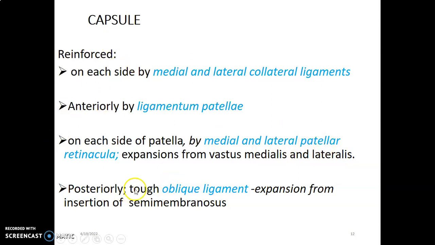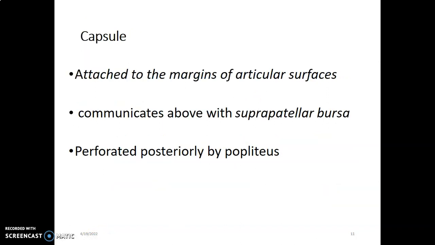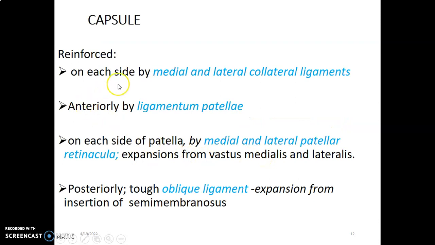Posteriorly, the capsule of the knee is reinforced by the oblique ligament, and this is an expansion from the insertion of the semimembranosus. So you can be asked to write about the capsule of the knee, and you need to be able to state that it's attached on the articular margins, it communicates with the suprapatellar bursa, it's perforated posteriorly by the popliteus muscle, and reinforced on each side by medial and lateral collateral ligaments, anteriorly by the patellar ligament, and on each side of the patella, the patella is kept in position by the medial and lateral patella retinacula, which are expansions from vastus medialis and lateralis.